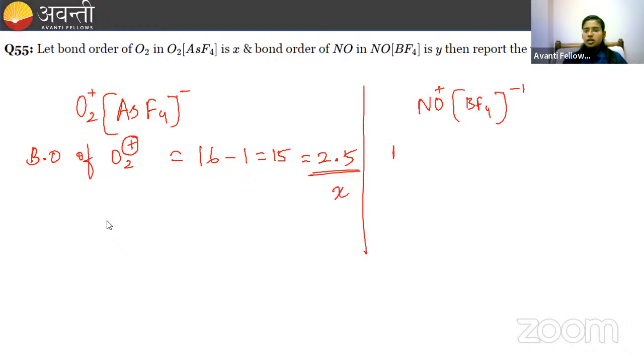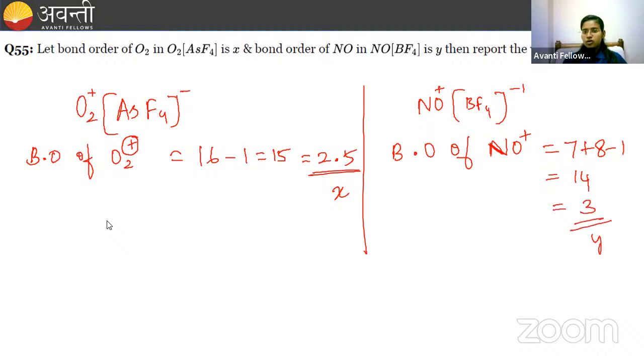Now next, coming to the bond order of NO plus. Calculate the number of electrons. For nitrogen it is 7, for oxygen it is 8, and it has also lost 1 electron, so minus 1. 7 plus 8 is 15, and 15 minus 1 is 14. If the number of electrons is 14, then the bond order will be 3.